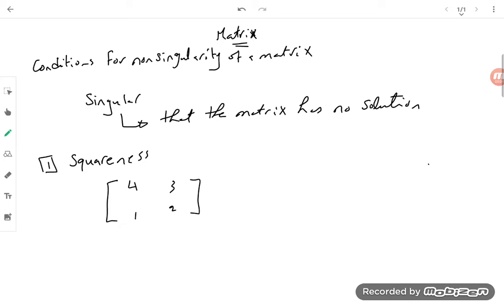A square matrix means that if we have n unknowns, then we have to have n equations in order to be able to find unique solutions for this n by n matrix.